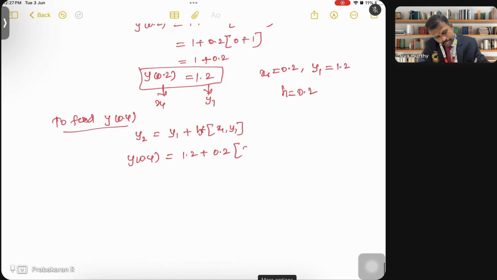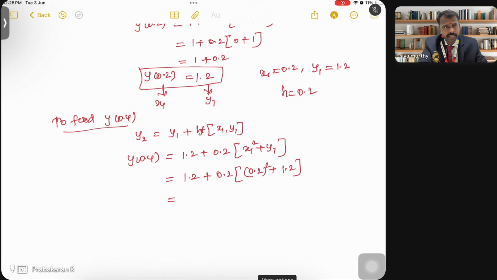So I am putting directly x1 square plus y1. Then substitute the value of x1 and y1. 0.2 close the bracket, x1 square, 0.2 the whole square, plus y1 is 1.2 close the bracket. Okay, using the scientific calculator we get the answer, right? So first we have to simplify this particular bracket, then multiply by 0.2, then we get the answer, right? I hope all understand. It's a very simple method.